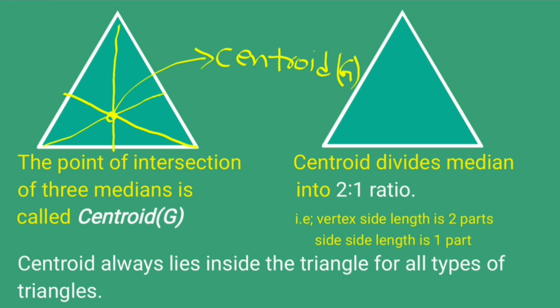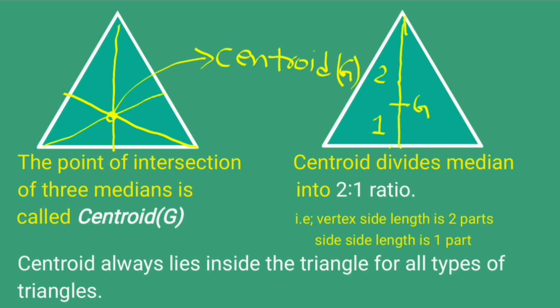Now in this another triangle, this is one median, and this point is centroid G. Now this centroid divides the median into 2:1 ratio. This line is the median. This G is the centroid point.